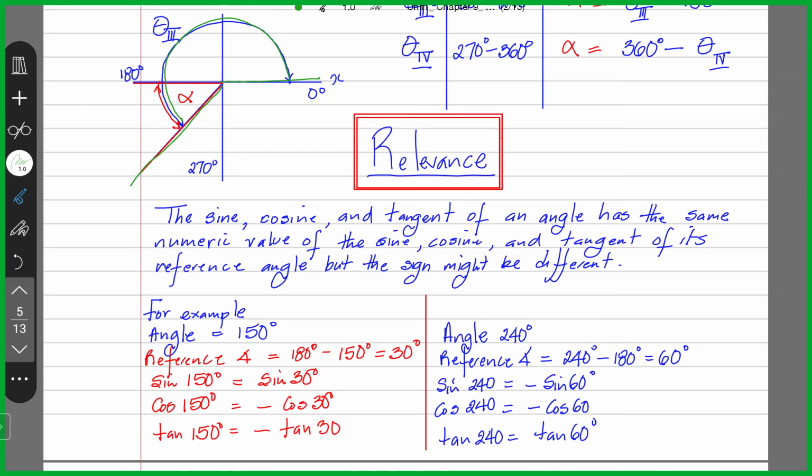The cosine of 240 degrees is minus the cosine of 60 degrees. And the tangent of 240 degrees is equal to the tangent of 60 degrees. And that is because in both the first quadrant and the third quadrant, tangent is positive.